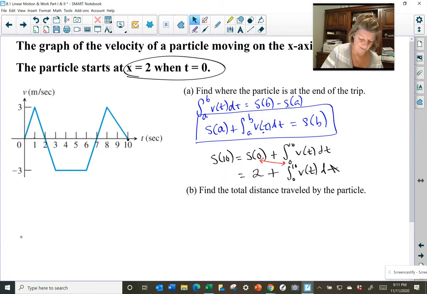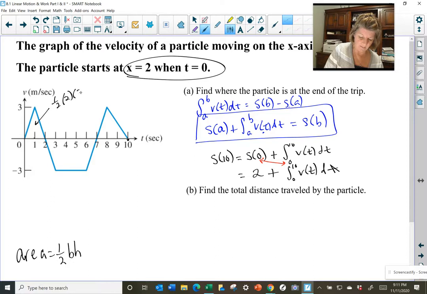We know the area of a triangle equals 1/2 base times height. So in this region, I would have 1/2 of 2 times height of 3 gets me a 3, doesn't it? Okay, now we got our little area there.